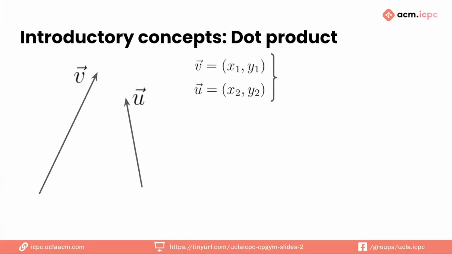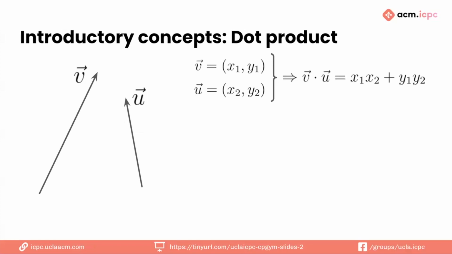Now, another concept that we need to know in geometry is the dot product. So can anyone tell me what the formula via coordinates would be if you're given 2 vectors in the 2D plane? What would be the formula for the dot product? Yeah. x1x2 plus y1y2. Exactly.